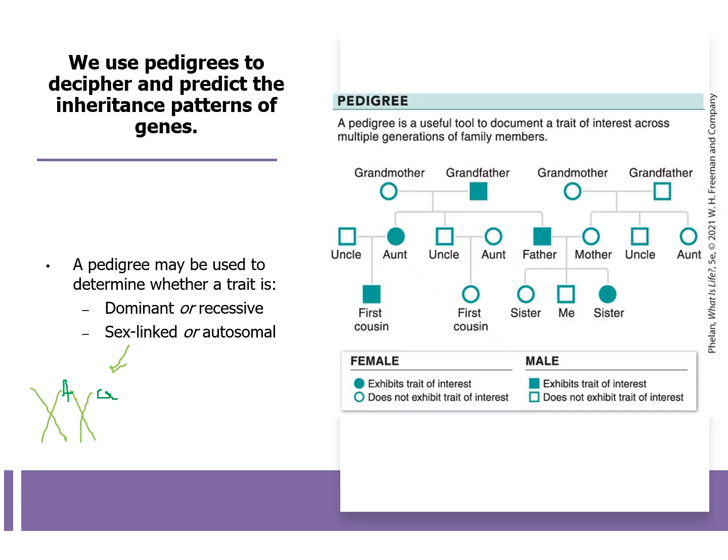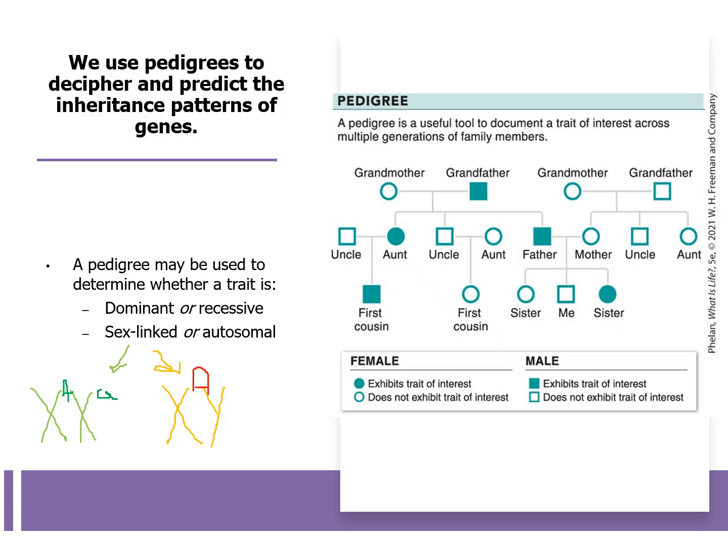Now, males are slightly different when it comes to sex-linked traits because they only have one X chromosome. Their other chromosome is a Y. That means that there is only one option on the X chromosome for them to receive a dominant A or a recessive allele. So they only get one option. They don't get a normal genotype.